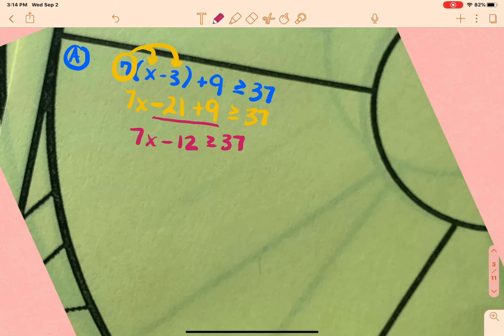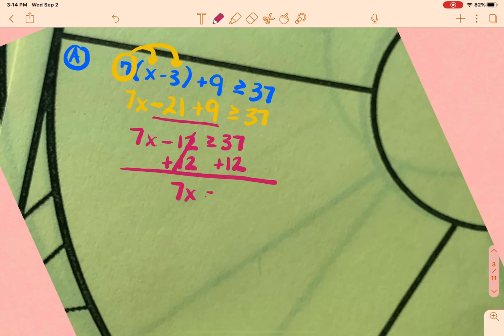Now this looks kind of like the equation ones we were doing before. So now we're just going to work to get x by itself. So let's get rid of this first. The opposite of subtracting 12 is adding 12. Remember, whatever you do to one side, you do to the other. So those cancel, and I'm left with 7x.